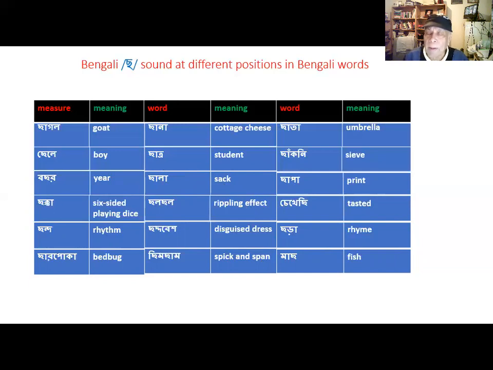Now once again, we'll recap. We'll try to remember how to pronounce the chha sound. You have to first of all touch the front part of your tongue to the front part of your palate this way, and then suddenly release the tongue from the palate, and at the same time, simultaneously when you are releasing the tongue, you should expel a puff of air, not later but at the same time.